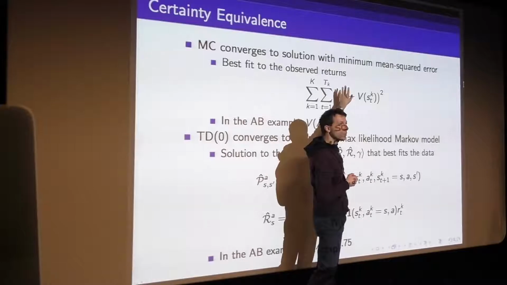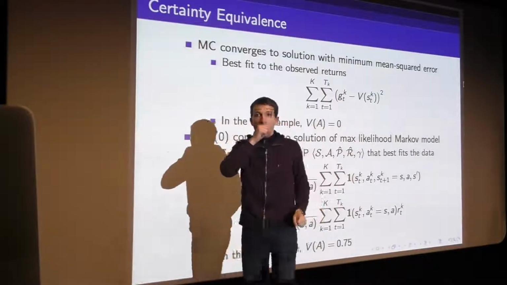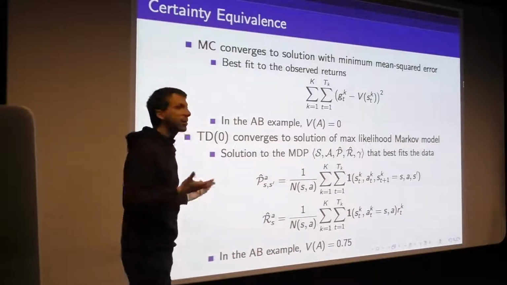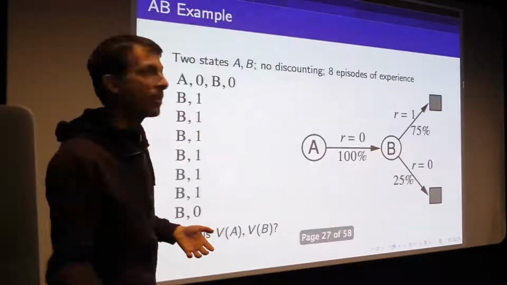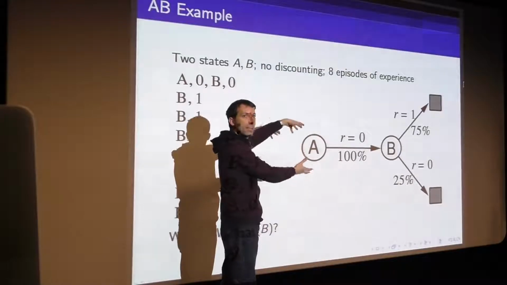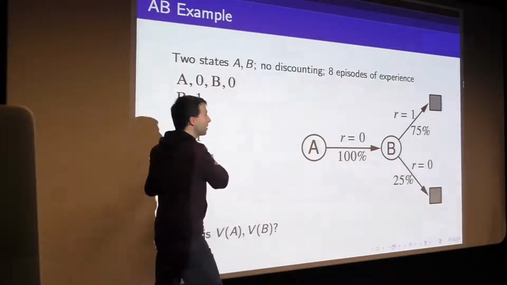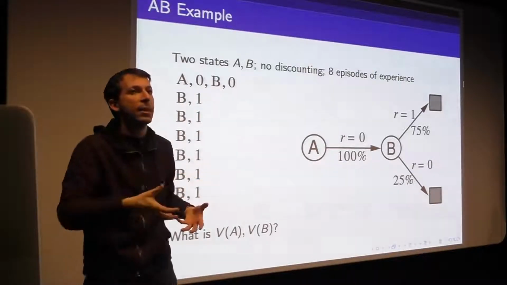It minimizes the difference between the return that we saw, which will be capital G, and the value function. Whereas TD(0) actually converges to the solution of the MDP that best explains the data. Implicitly, what TD is doing is it first fits an MDP, and then it solves for that MDP. So whatever data you've seen so far, it will find the solution to the maximum likelihood MDP model that explains that data.